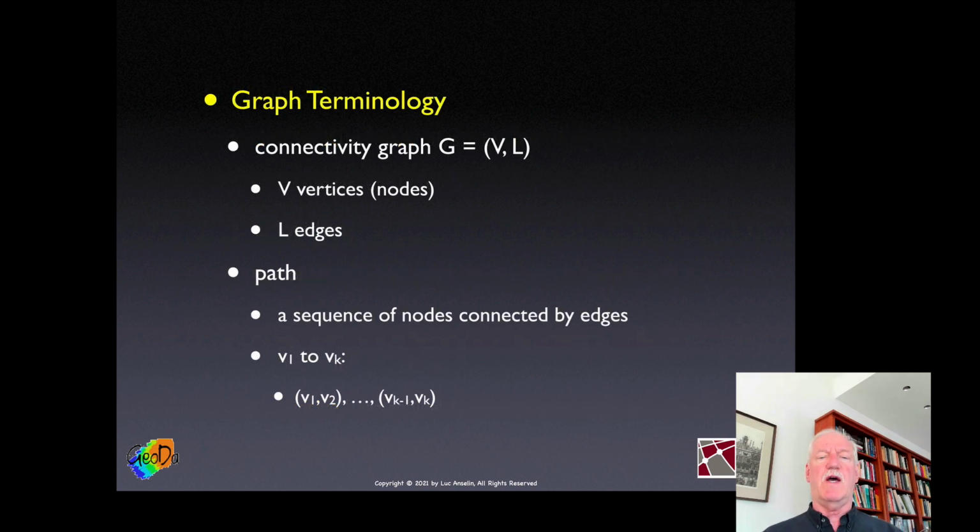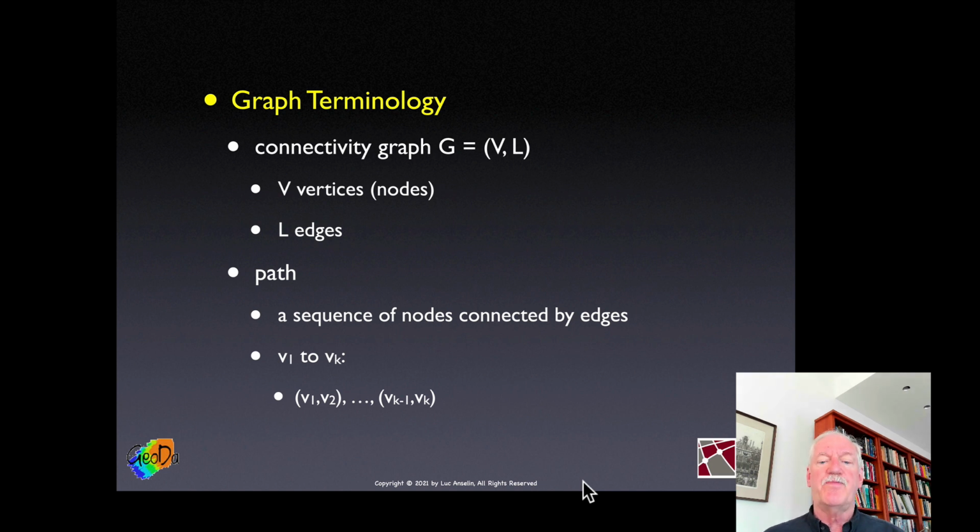Let me just go quickly over some graph terminology. We've seen this before. This is just a refresher. We have the graph represented by G. The nodes, or vertices, are V. The links or edges are L. And then within the graph, such as a connectivity graph, we can define a path.